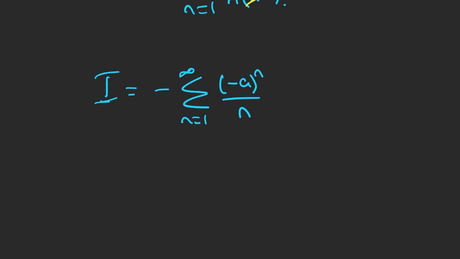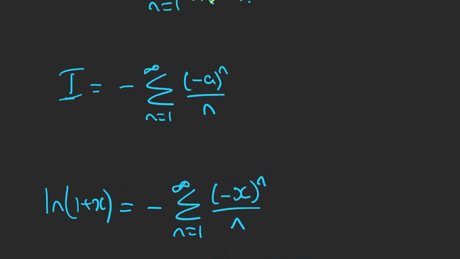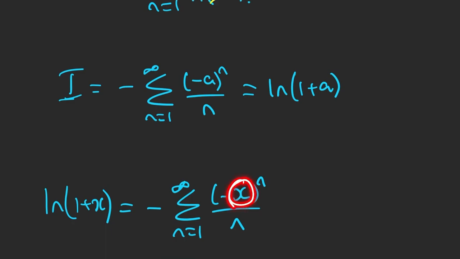If you recall, ln of 1 plus x can be written as the negative sum from n is 1 to infinity of negative x to the power of n over n. That's exactly what we've got here, and that means that this sum is equal to ln of 1 plus a, because all we've done here is replace the x with an a.